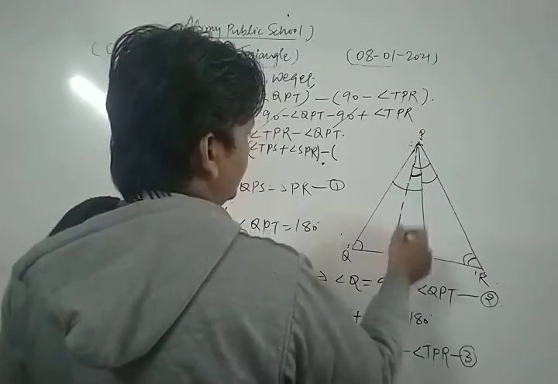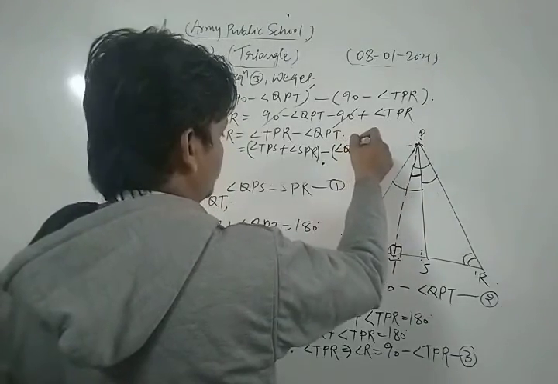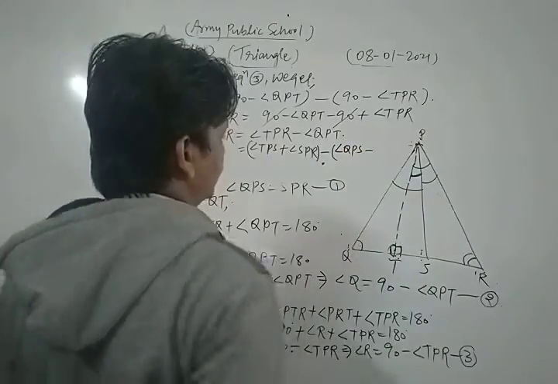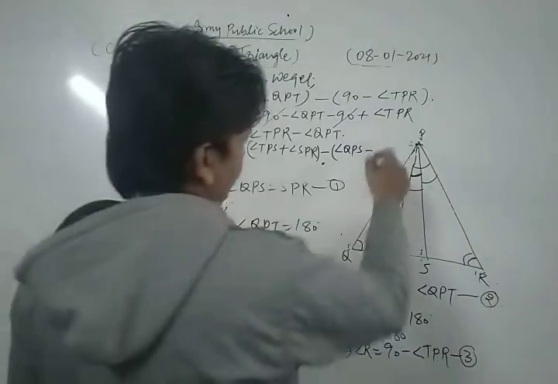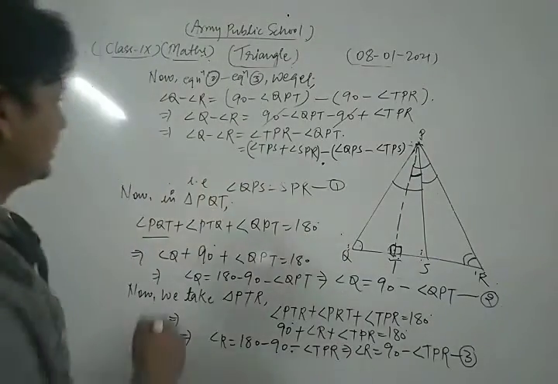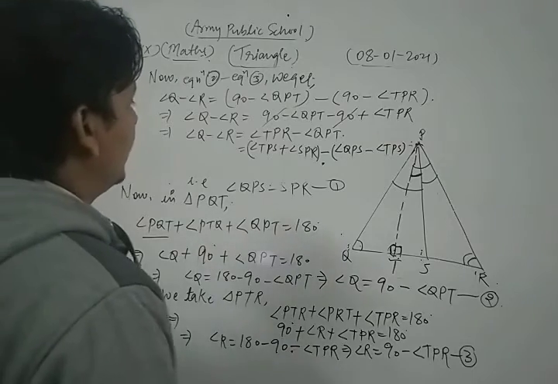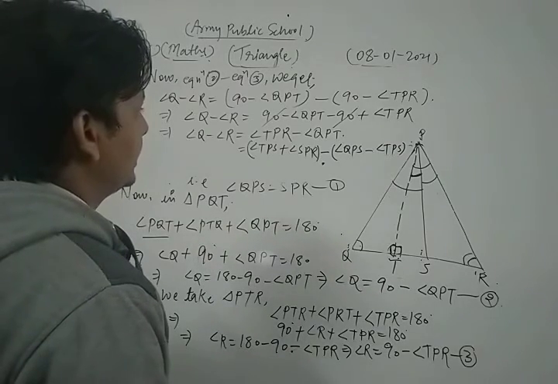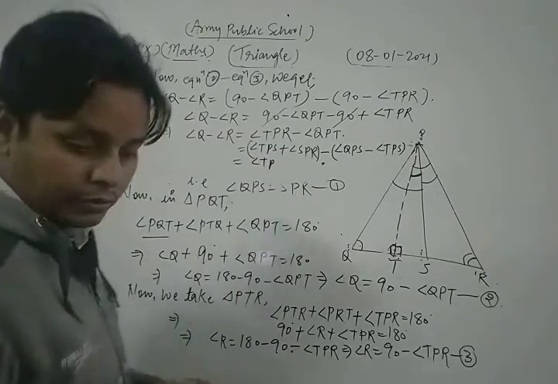QPT is angle QPS minus angle TPS. Now if we break the bracket, then you will know that angle QPS is the same as angle SPR, so we get angle T. Now let's see, using equation 1.